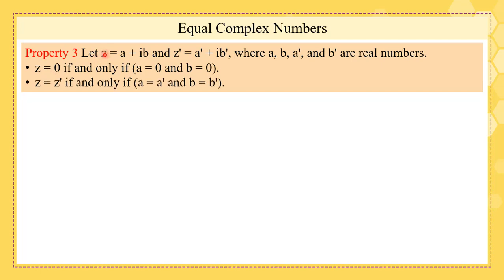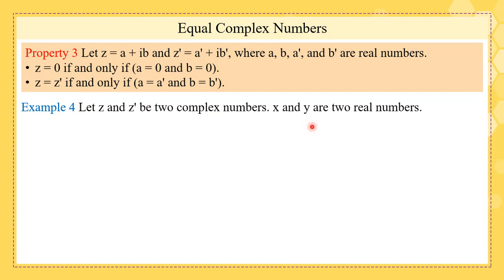And if we know that Z and Z prime are equal, this means that the real part is equal to the real part and the imaginary part is equal to the imaginary part. And the converse is also true. I mean, if the real part equals the real part and the imaginary part is equal to the imaginary part, this means that the two complex numbers are equal. And this is very logical.